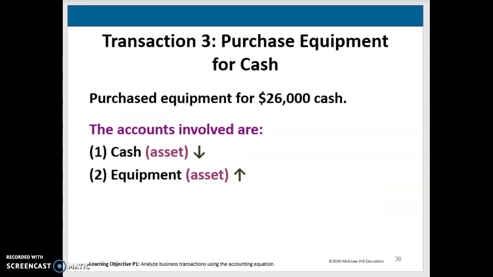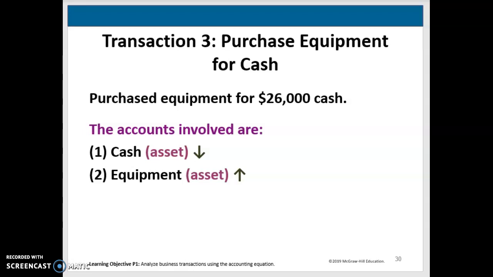All right, our next transaction says that we purchased equipment for $26,000 cash. It's similar to our last one where we bought supplies. This time we're buying equipment, so we're buying another asset. We're paying $26,000 in cash. So our cash is going to decrease by $26,000, and we have a new account called equipment that is going to increase by $26,000.